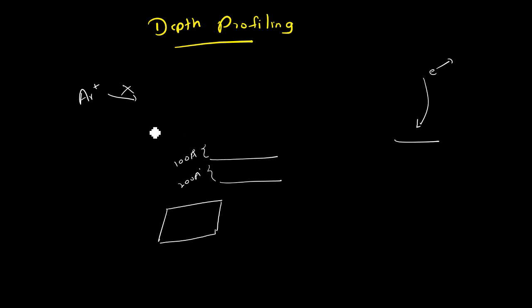We stop the bombardment and again send the electrons to get the Auger electrons. So this is the concept of depth profiling. But what's more interesting is analyzing the data. So we will do some examples and see how we can do depth profiling and how we can get details about the depth profile.